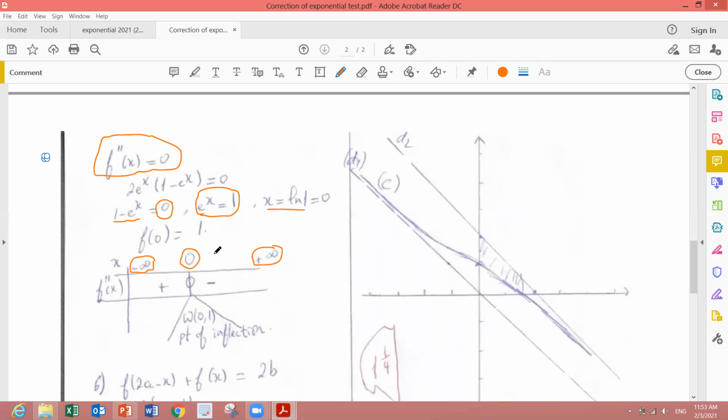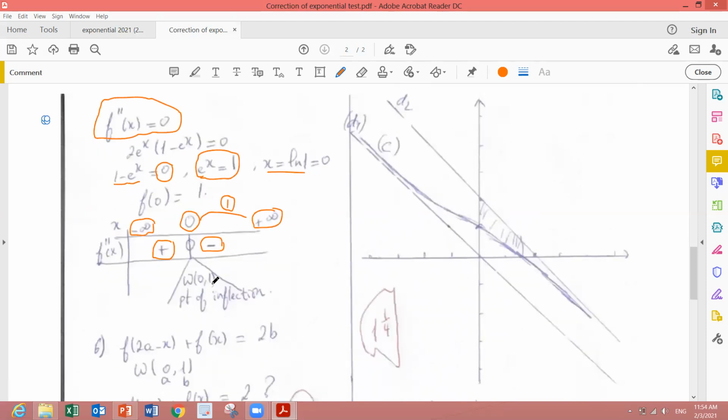To know the sign, if I take 1, which is in this interval, and replace it in the second derivative, we get 2e, which is positive, into 1 minus e, which is negative. Here negative, and here it is positive. Now for x equals 0, f of 0 equals 1. So W(0,1) is a point of inflection.